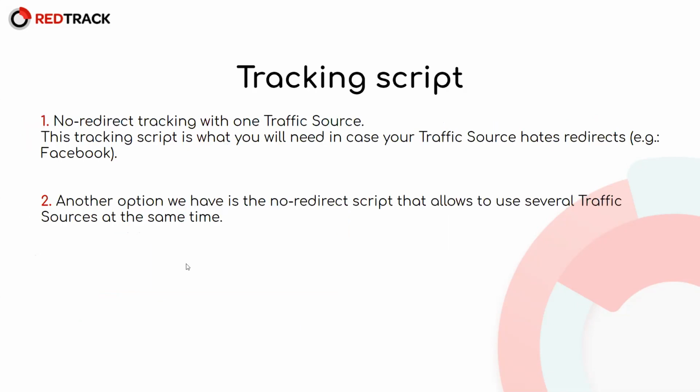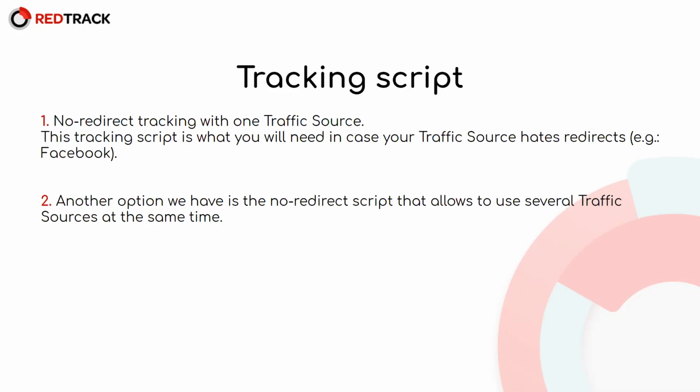Another option is a tracking script. There are two variations of tracking script. First one is a simple tracking script for one traffic source. The script is to be put into your page code, and it tracks clicks, page views, and the rest of the data the redirect link does. But it doesn't use cookies and is Facebook friendly.